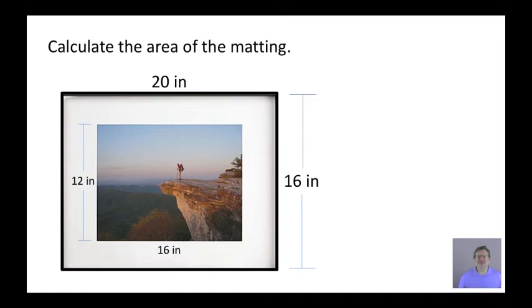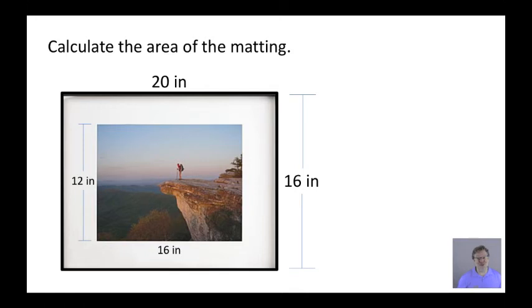Well, there's an easy way to figure this out, and there's a hard way to figure this out. The hard way would be to try and divide that white matting into sections and to say, well, here's a rectangle, here's a rectangle, here's a rectangle, the area of this part is this, the area of that part is this. That's one way to do it, but it's the more difficult way of doing it.